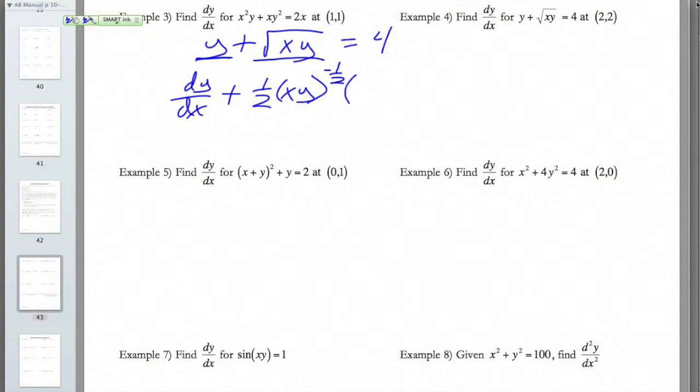What's the derivative of the inside going to require? Product rule. So I need the first, which is x, times the derivative of the second. What's the derivative of the second? dy over dx. Plus the second times the derivative of the first. What's the derivative of the first? dx over dx. And then that equals the derivative of 4.